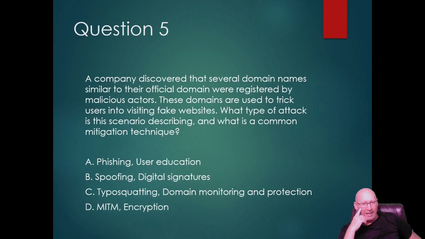Typo squatting is where we register domain names that are very similar to another name. So like Goggle, something like that, that would be typo squatting. Now spoofing might be an attack on an email where we spoof the email address. I've even seen it where we can spoof the IP address.